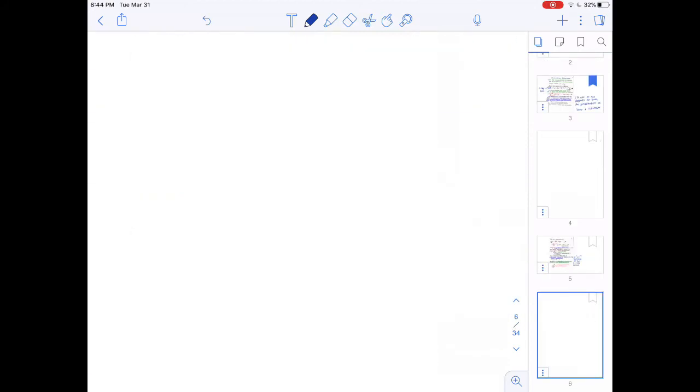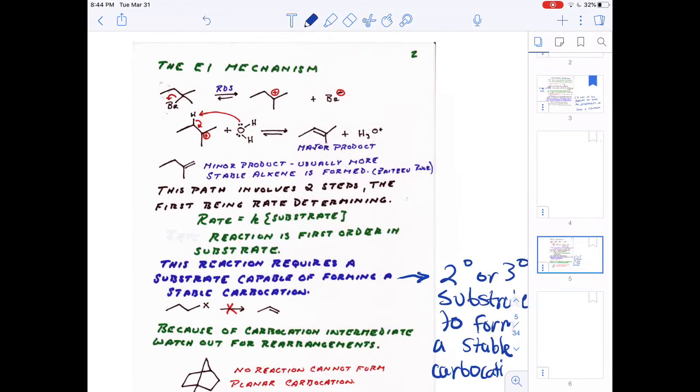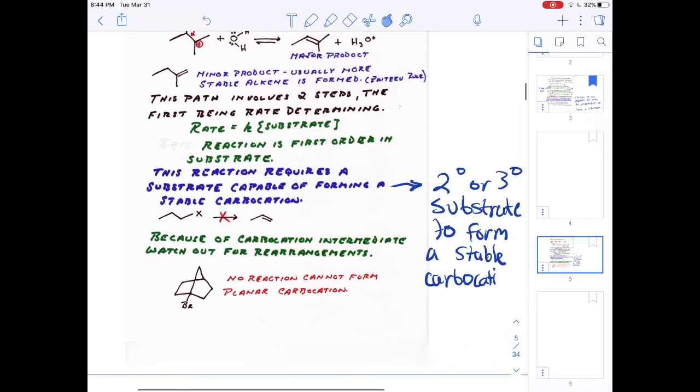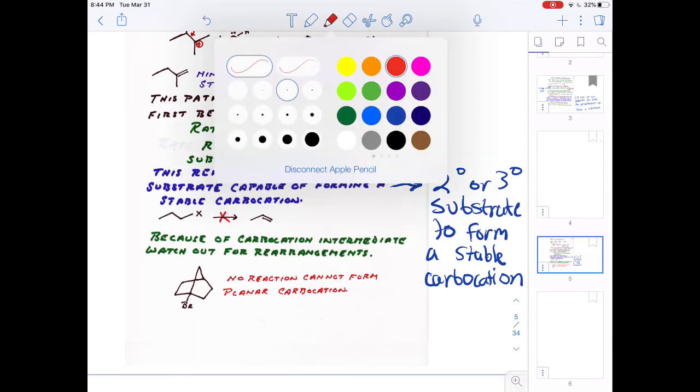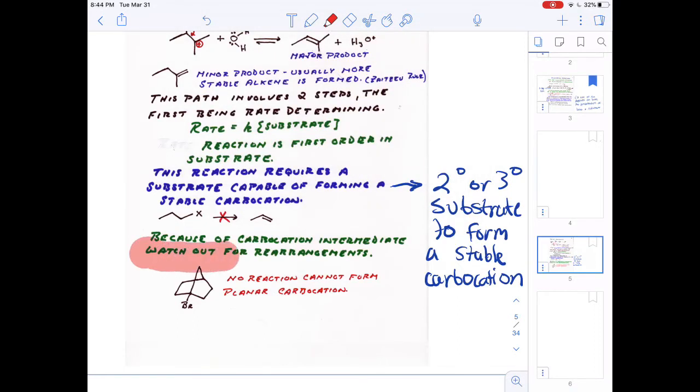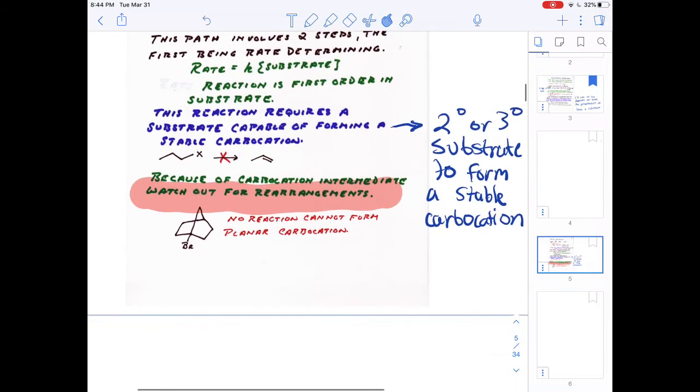So again, very similar to your regular SN1 reaction. Yeah, this is a big point. Obviously, I've made this point many, many times, but I'm sure people are going to forget. Watch out for the rearrangements. That's really, really important. Thankfully, in these situations, we didn't really have any, but you may have them in the future.